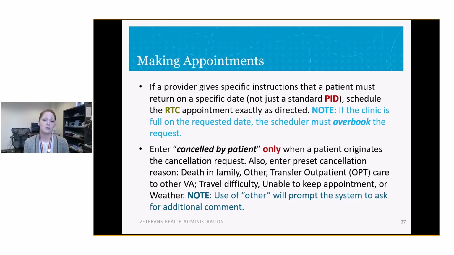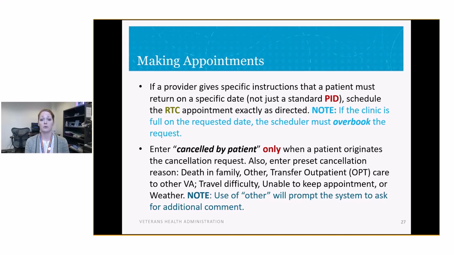Another rule of 1230 says that if a provider gives you specific instructions when they enter an order on how to schedule a patient, we have to follow those instructions exactly. So if a provider enters an order and says, schedule this patient on April 5th at 10 a.m. in X clinic, then that's what we have to do.